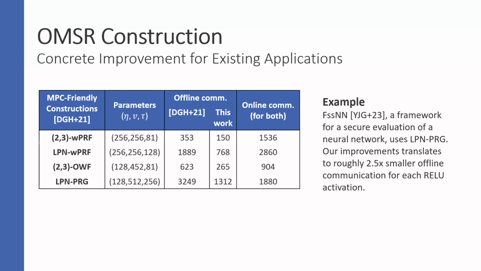And these primitives have many applications. One example is the length-doubling PRG, which is very helpful in many scenarios. Another application is function secret sharing neural networks, which is a framework for secure evaluation of a neural network. Our work cuts the end-to-end communication for the ReLU gates by 1.5.